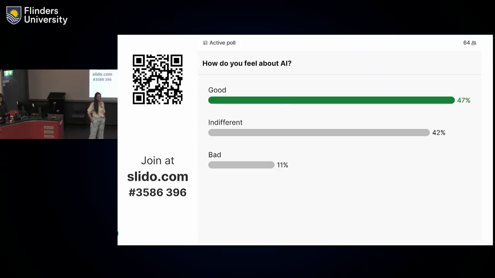But the times I've used it for uni-related things, I don't trust the sources, and a lot of them are made up. Yeah. So a lack of trust, not feeling sure about how to use it, and just really around whether it's actually appropriate and correct.